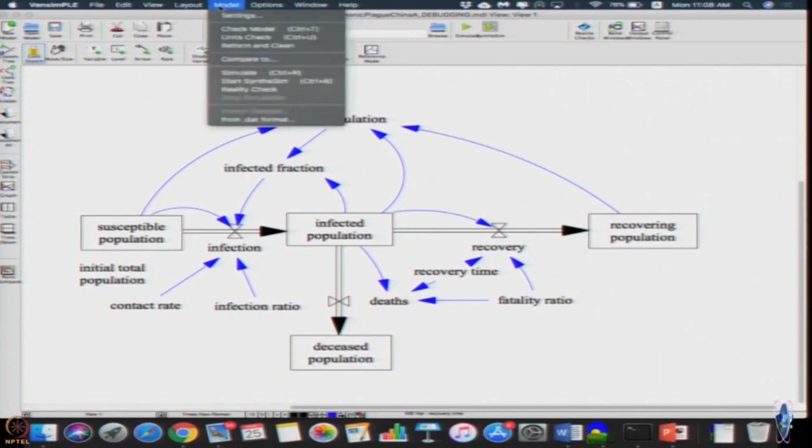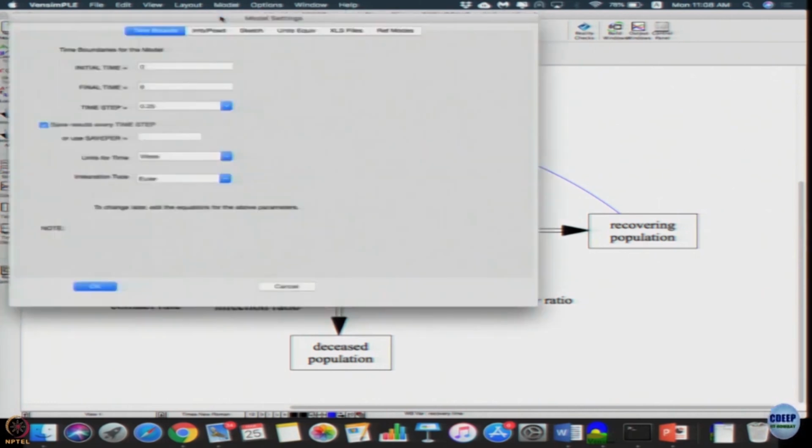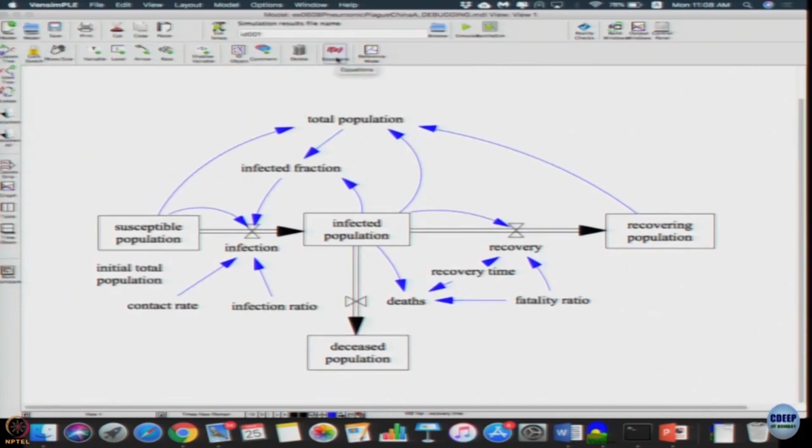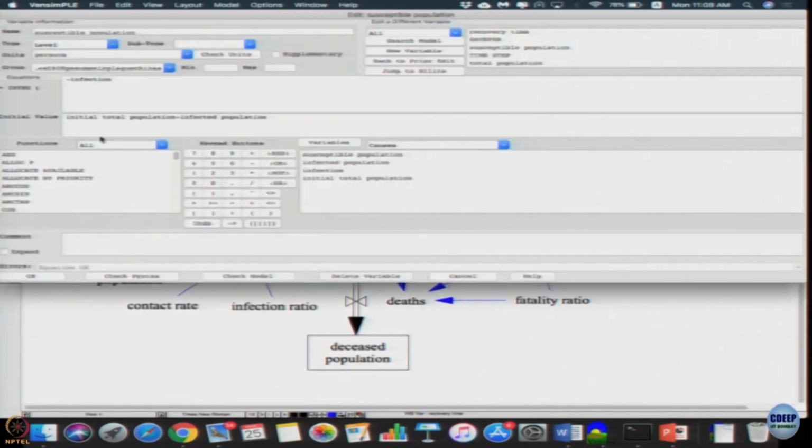Let us quickly look at model settings. Final time 0.25, time step, time units is week, okay. And quickly look at the equations. Susceptible population is minus infection, which is fine because there is only outflow, there is no inflow here.